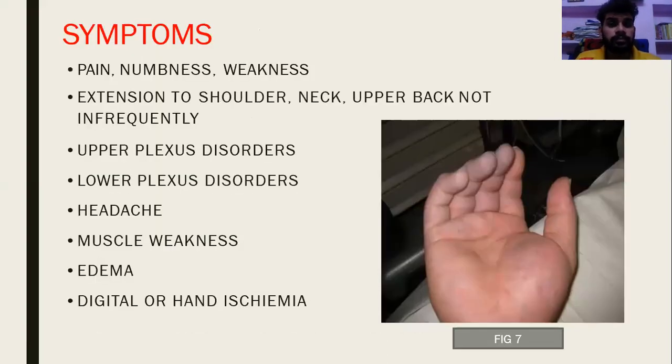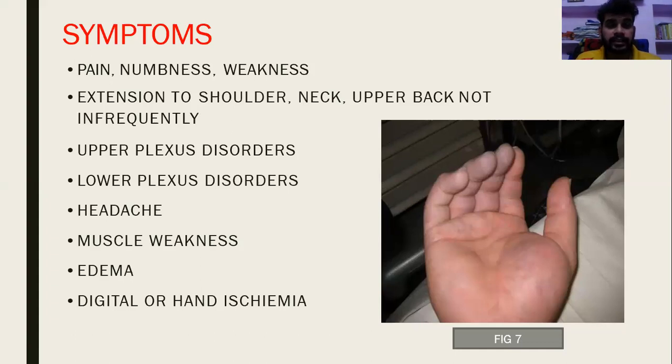Now we discuss symptoms of all of them. Generally, we see pain, numbness, and weakness in the hands, not infrequently extending to the shoulder, neck, and upper back. We can't move the shoulder, neck, and upper back muscles freely due to compression of neurovascular bundles.